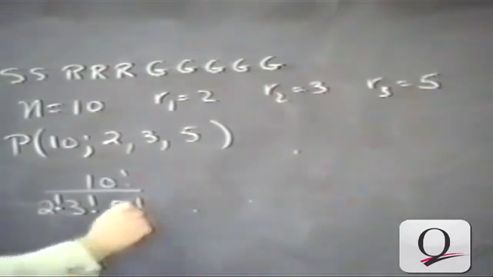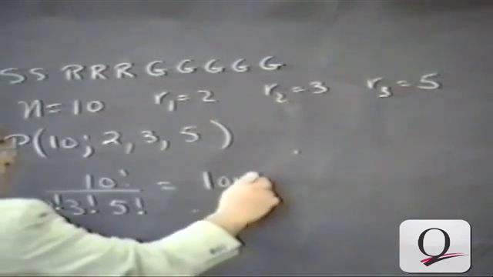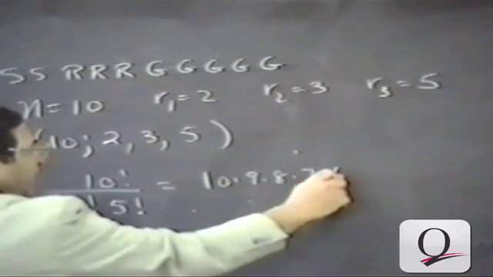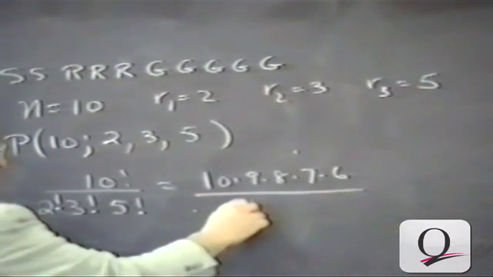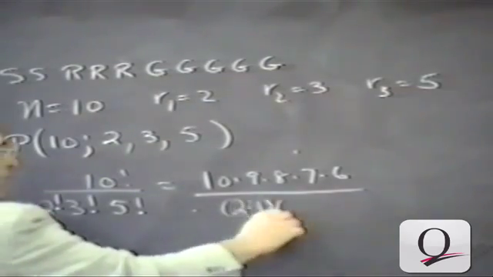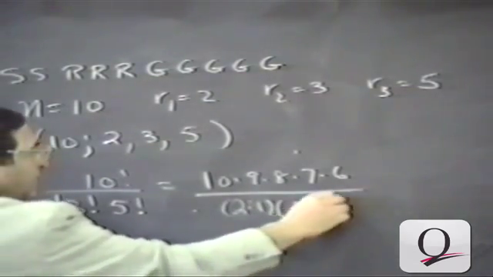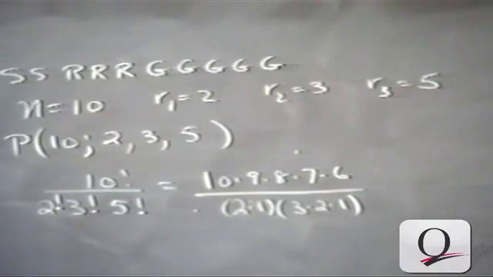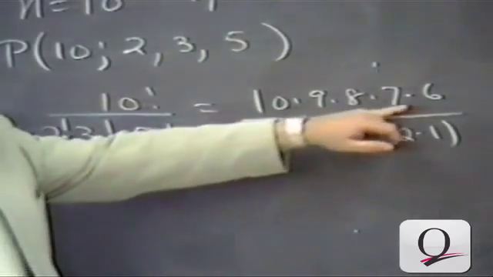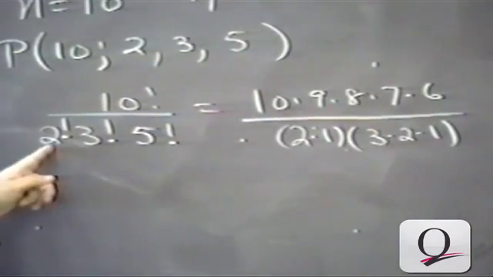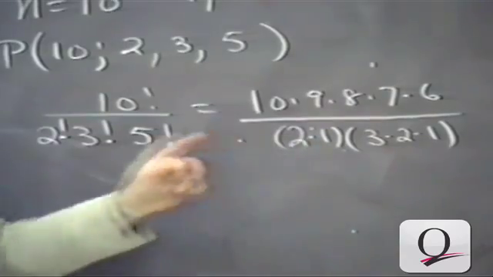So I have 10 times 9 times 8 times 7 times 6, and I still have 2 times 1 and 3 times 2 times 1 for the 3 factorial. So again, 10 and 5 together give me just 10, 9, 8, 7, 6. And I still have the 2 factorial and the 3 factorial.